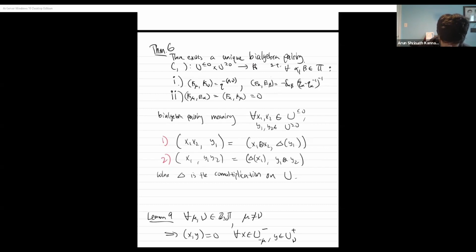The map X maps to, and Y maps to, which are maps from u less than or equals 0 to u greater than or equals 0 dual, and u greater than or equals 0 to u less than or equals 0 dual, are algebra homomorphisms. So let me say that.